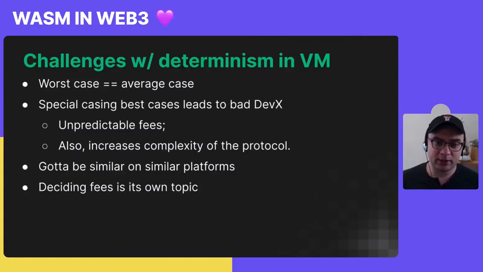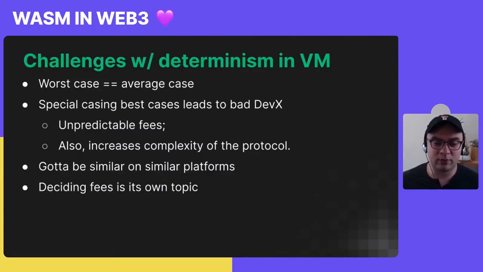You can try to special case the best case scenario and say, for instance, that if your contract doesn't hit some corner cases, then the fees are generally lower. Unfortunately, that leads to bad DevX. Well, first of all, your fees might be unpredictable.